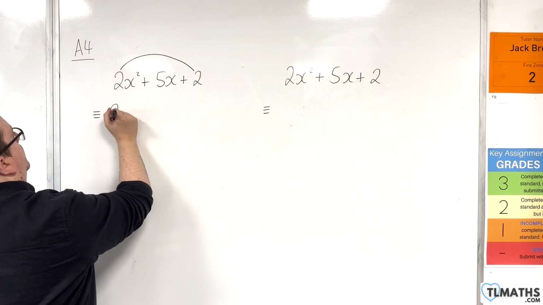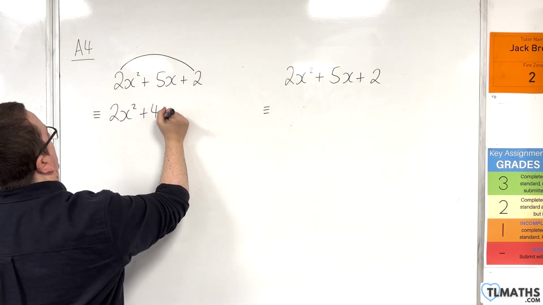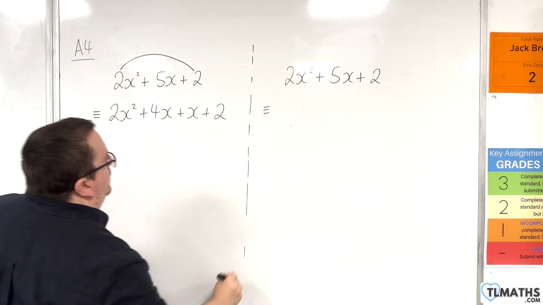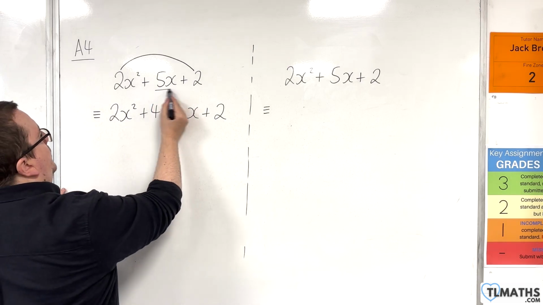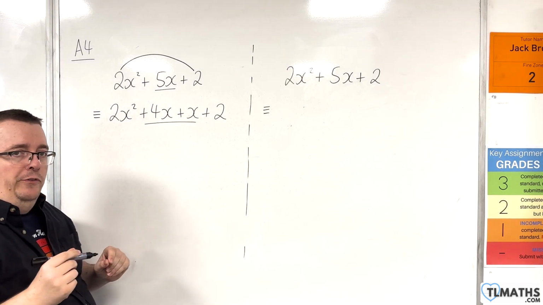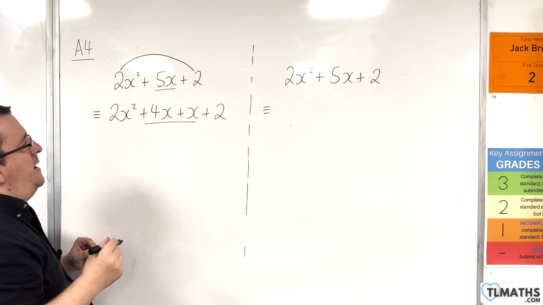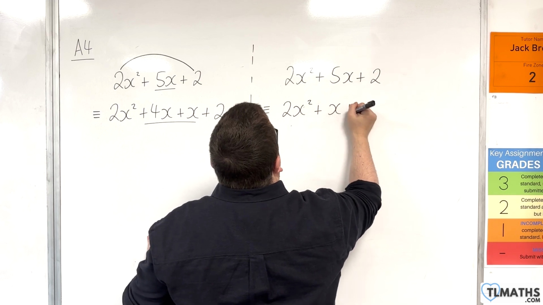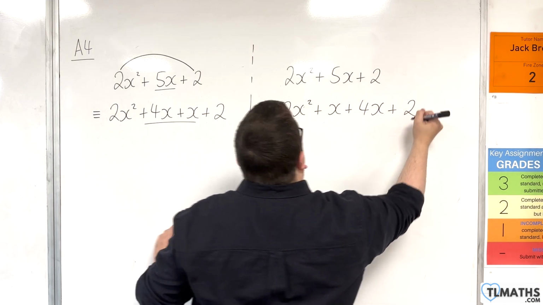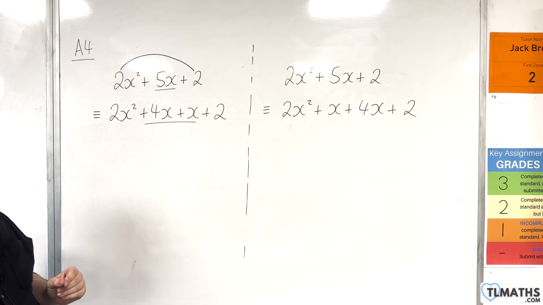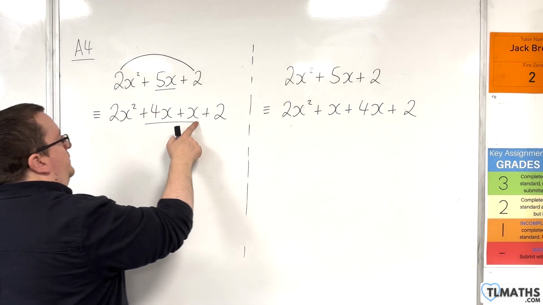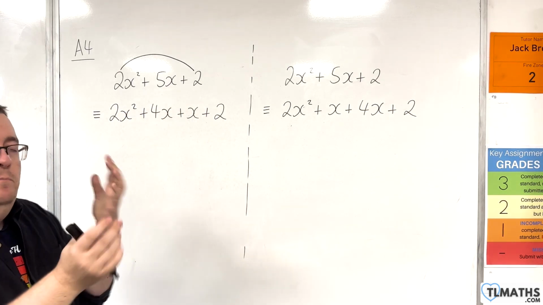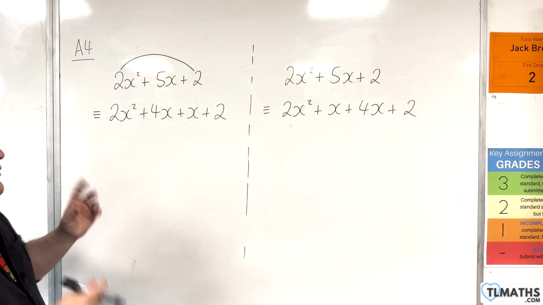So, first of all, let's go with 4x plus 1x plus 2. So I've split the 5x up into those two terms, 4x and x. And what I'm saying is it is perfectly fine for you to do it the other way round, like so. So it doesn't matter on the order of those two. You might be going, well, clearly it doesn't, but the next stage might imply to you that it would. So that's the first thing.